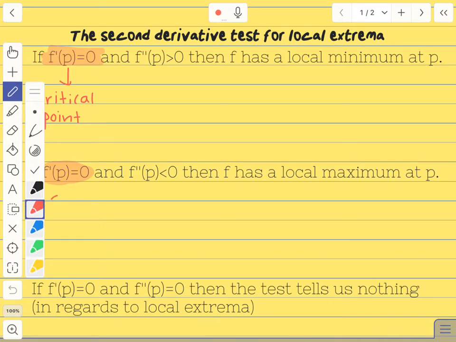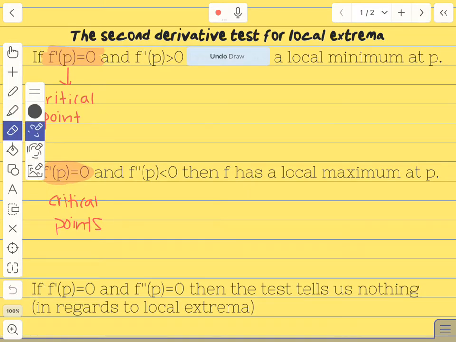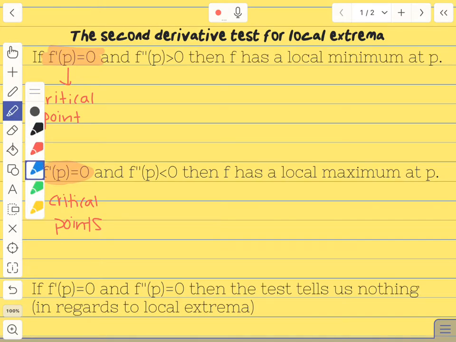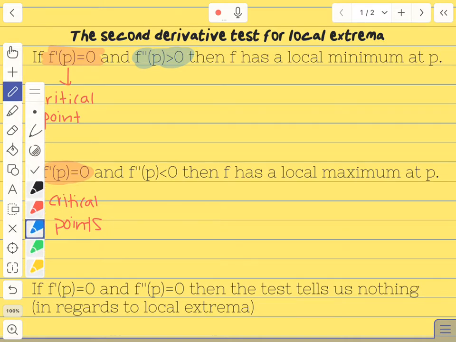If we have identified those critical points, we can look at the shape of the original function, which will be defined by our second derivative, to ask what the graph looks like there. If it looks like a certain shape, then we know it would be either a low point or a high point. So the first thing we'd say is that if our second derivative was greater than 0, that's telling us that our original function, the graph, was concave up.